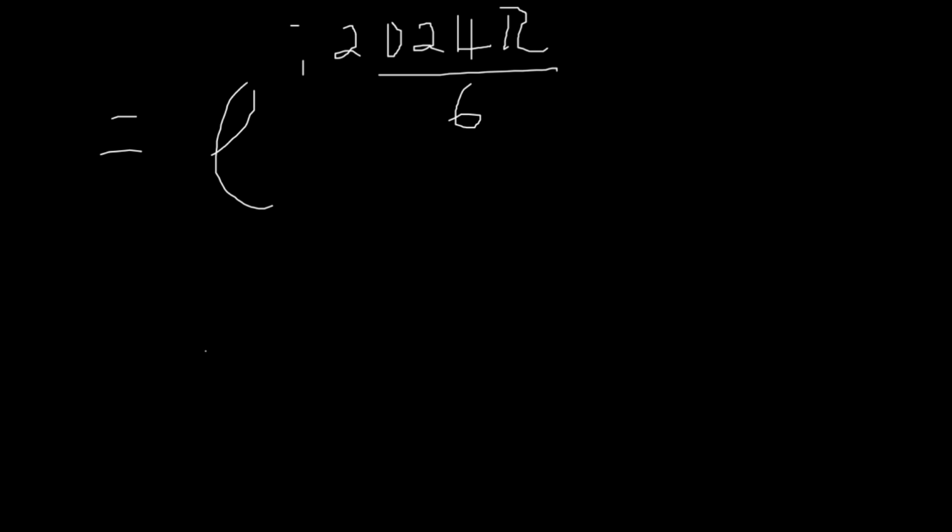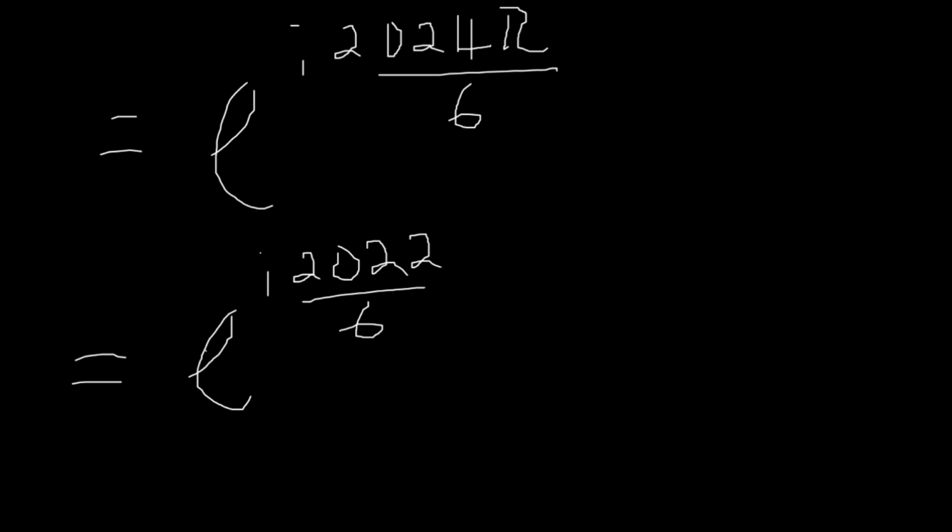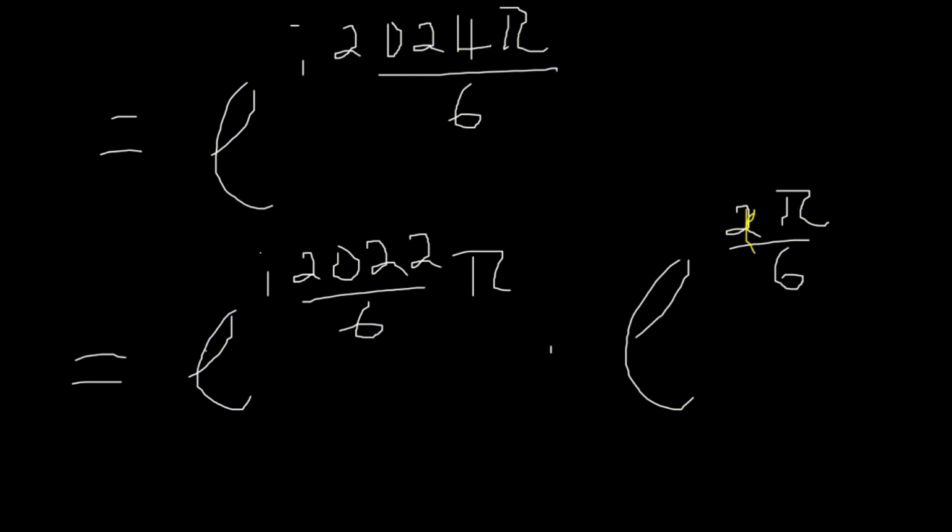We can further simplify, break this so as to solve it gently, to E to the I 2022 on 6 pi times E to the 2 pi over 6. Okay, that is what we had. Here will be pi on 3 directly.